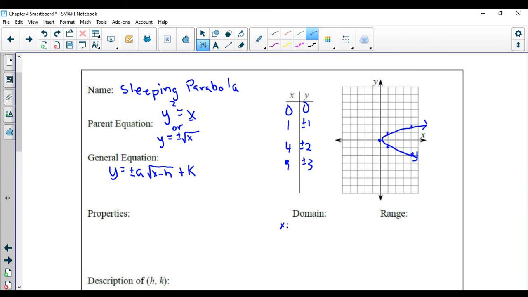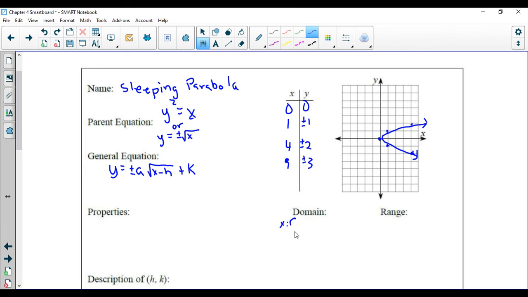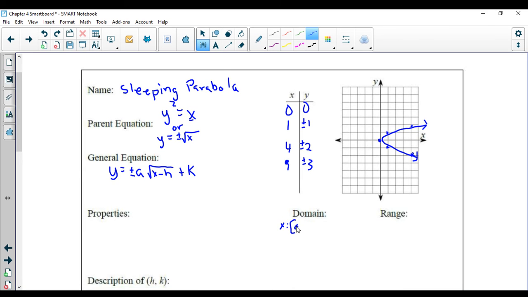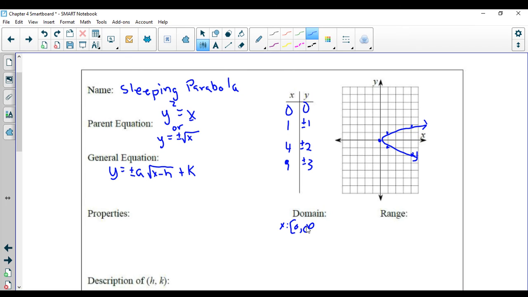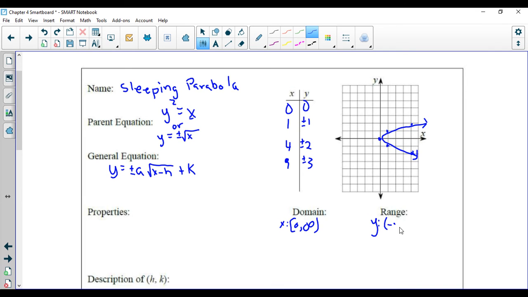Our domain, it goes as far left as 0 and touches 0, and it goes to infinity. And then our range, it goes down forever and up forever. So negative infinity to infinity.